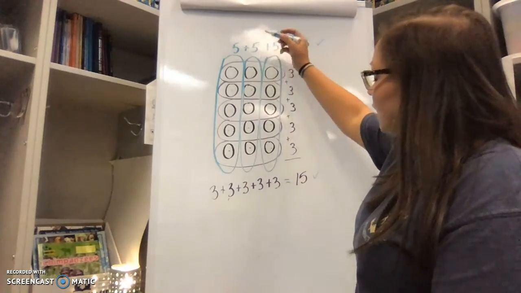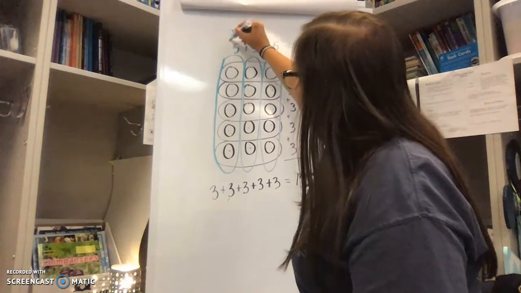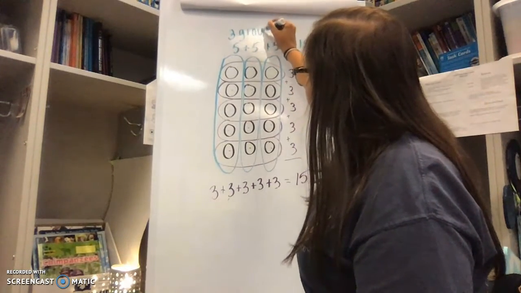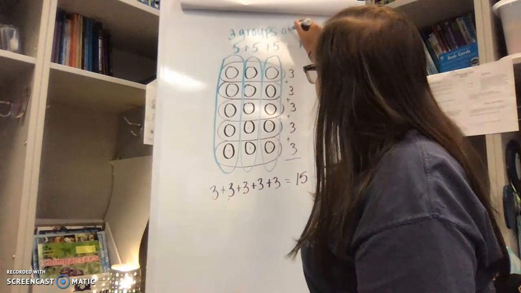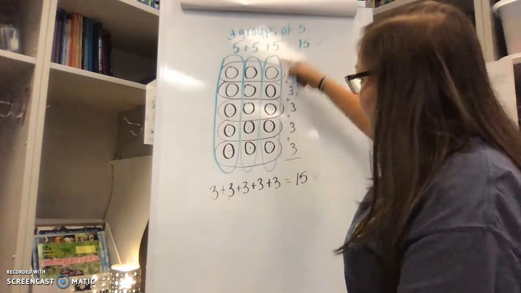So here, if we're doing it by columns, I have 3 groups of 5. 1, 2, 3, 1, 2, 3.